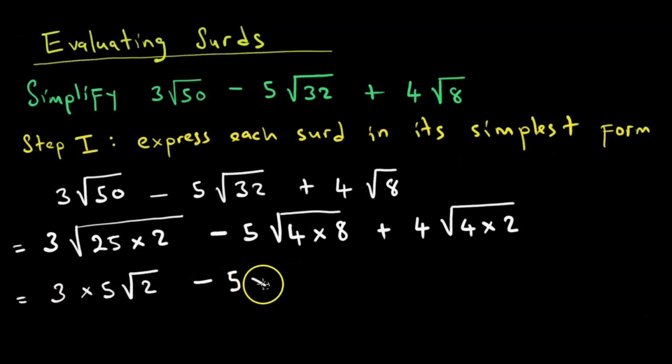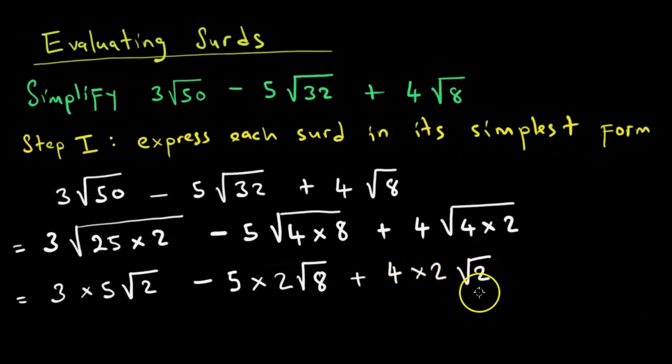So this is minus 5 times 2, the square root of 8, plus this is 4 times 2 again, the square root of 2. The square root of 25 we write as 5. Here, instead of the square root of 4 we write 2, and here, instead of the square root of 4 we write 2.